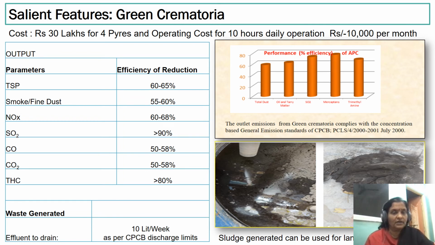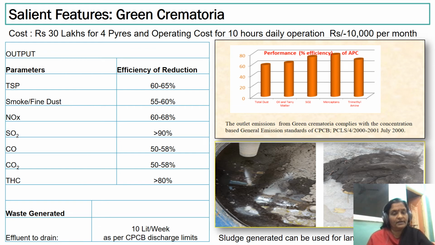It reduces total dust particulates by about 65%, fine dust by about 60%, NOx by 68 to 70%, acidic gases like SO2 by more than 90%, and other gases like carbon monoxide, CO2 and THC by more than 80%.